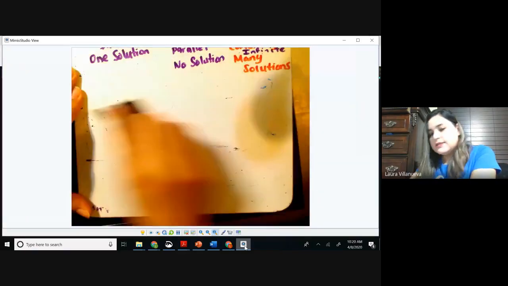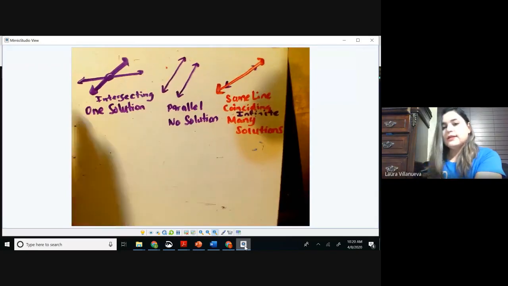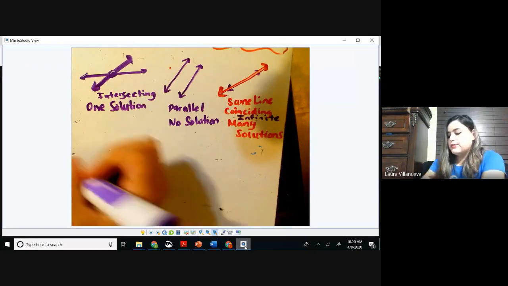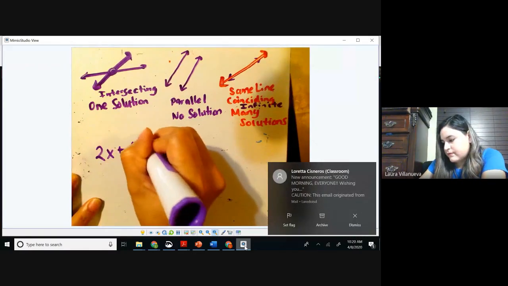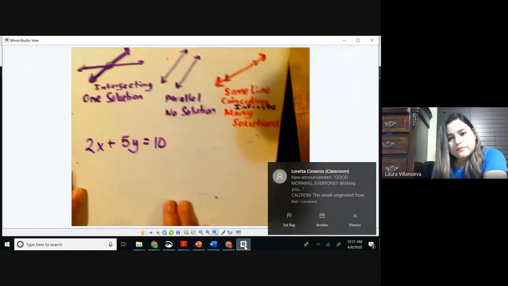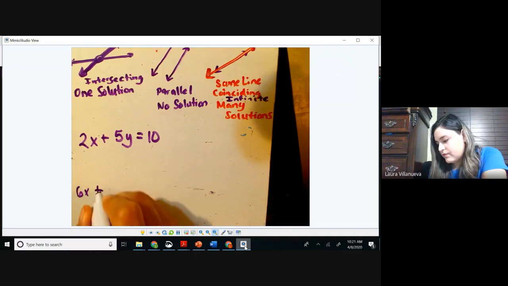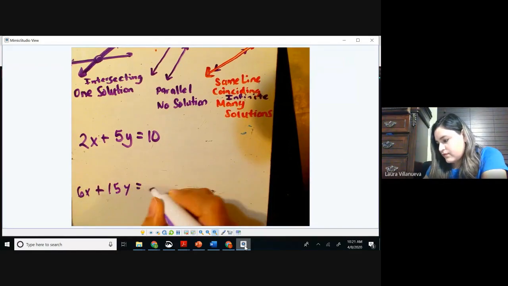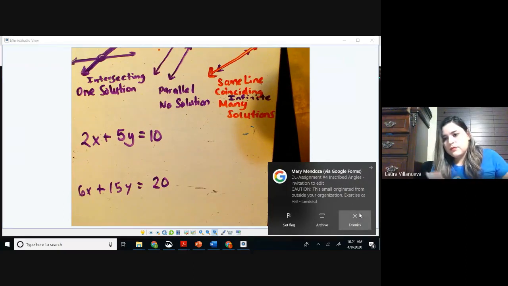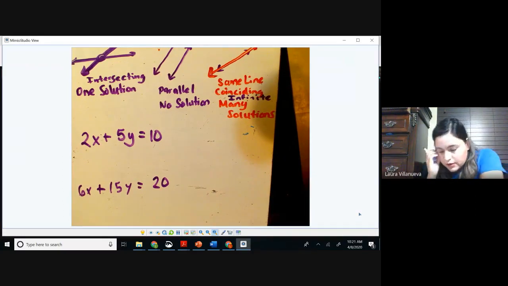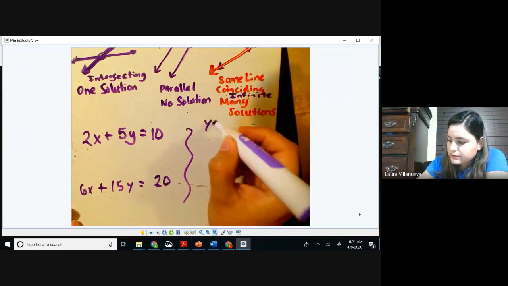Now, like I said, sometimes it's not going to give you the lines exactly in y equals mx plus b. So if you have something like this, you're going to go ahead and solve for y because you want it in y equals mx plus b.